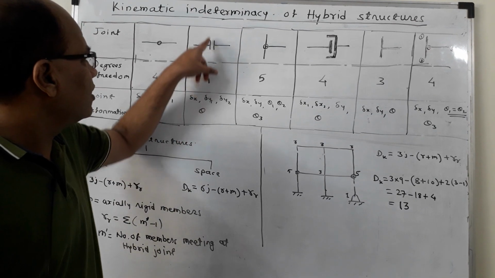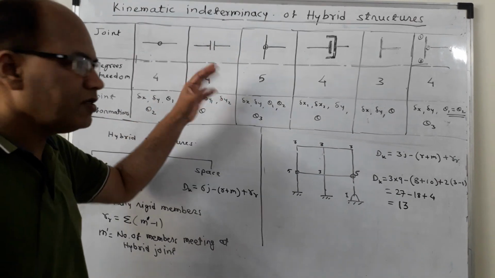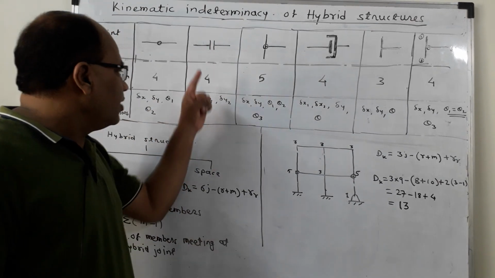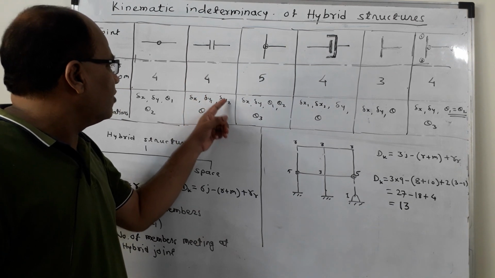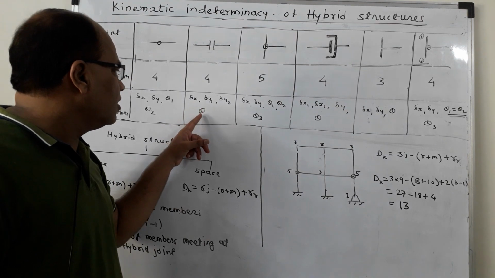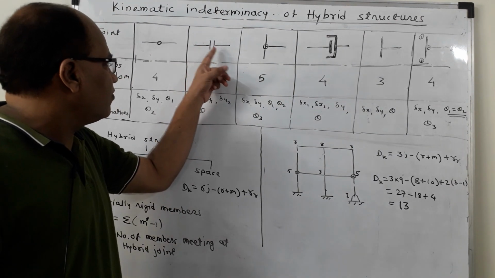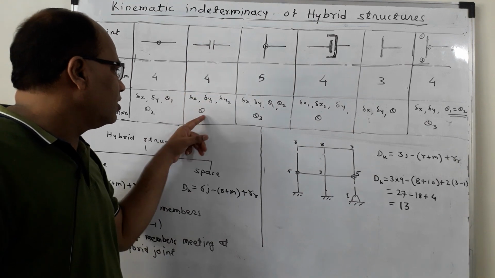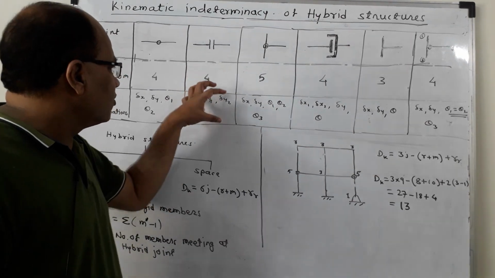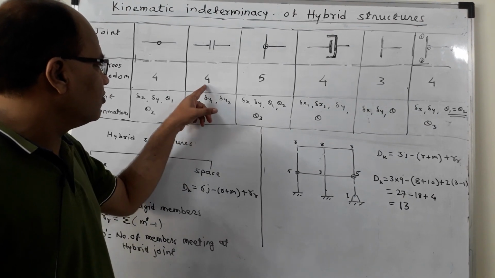Then the vertical displacement for left member and vertical displacement for right member is going to be different, or it may be different, delta y1 and delta y2. So two vertical displacements, one horizontal displacement, and third one is the rotation. Rotation is going to remain common for both of these members. So theta, that is rotation, is common. So 4 such displacement components are there. Degrees of freedom is 4.